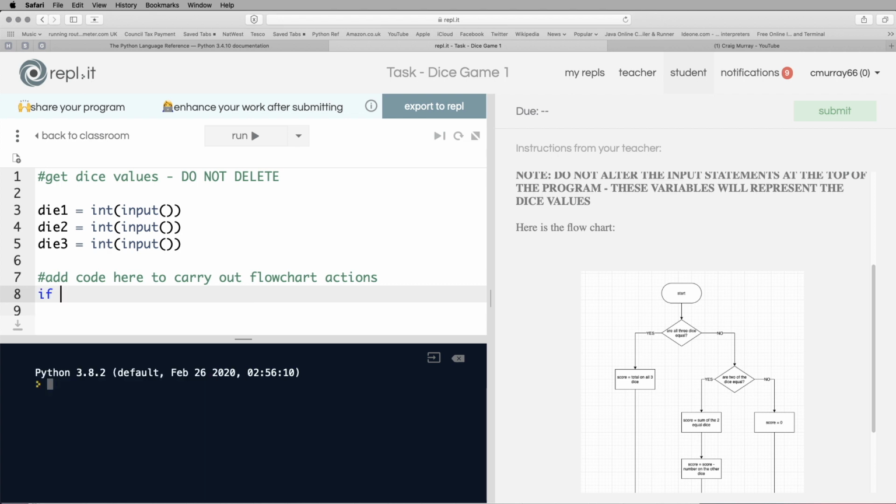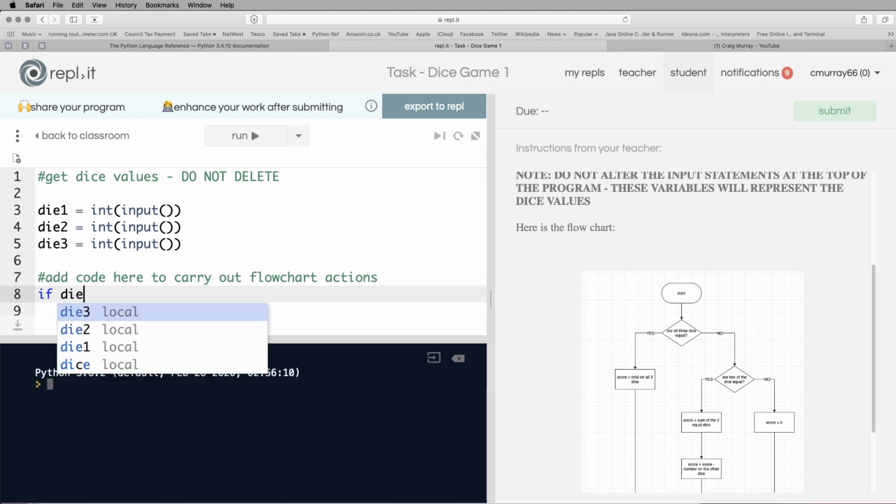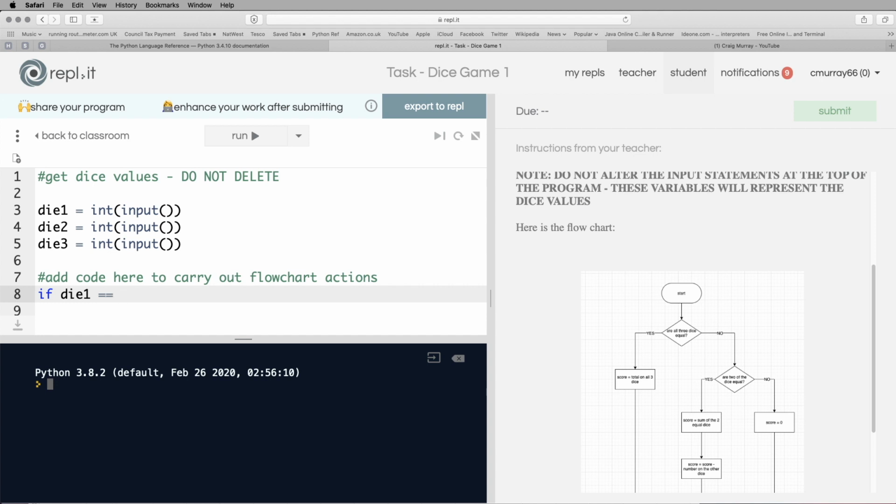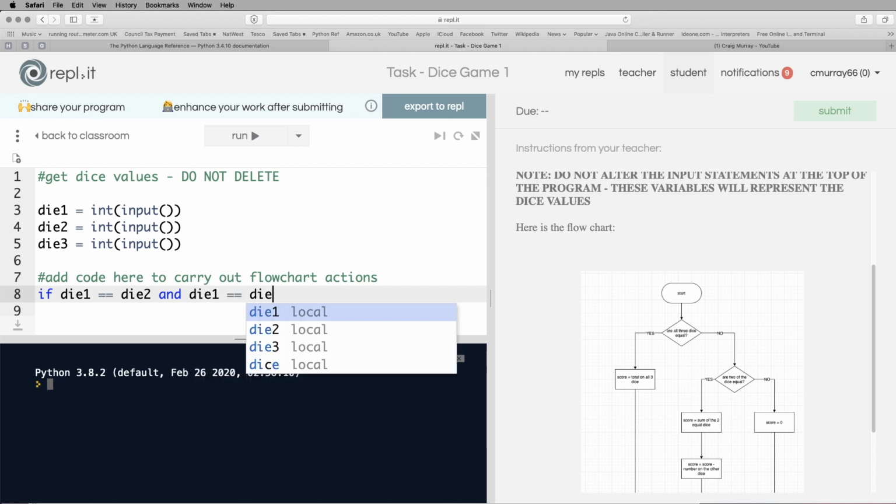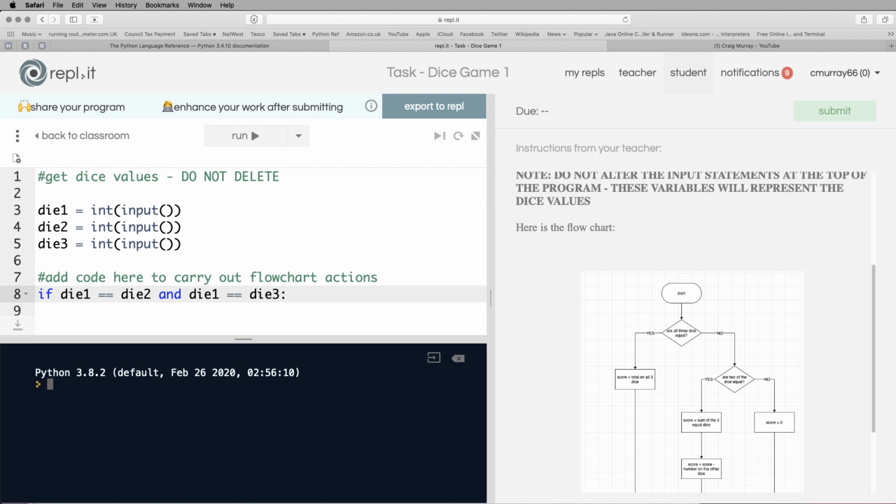So if die 1 is equal to die 2 and die 1 is equal to die 3. If that's the case, then die 2 is equal to die 3 as well, so we don't have to make that comparison.